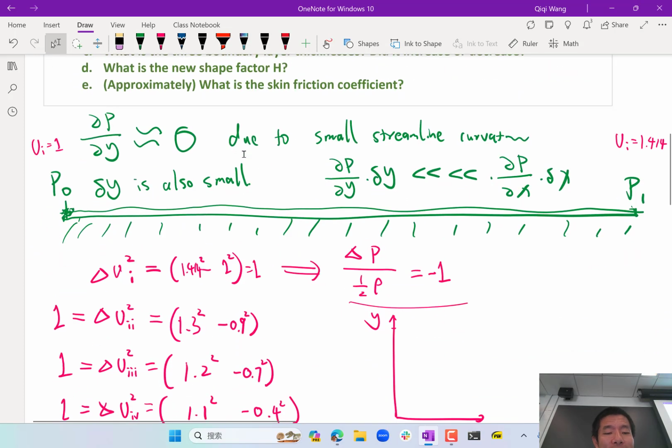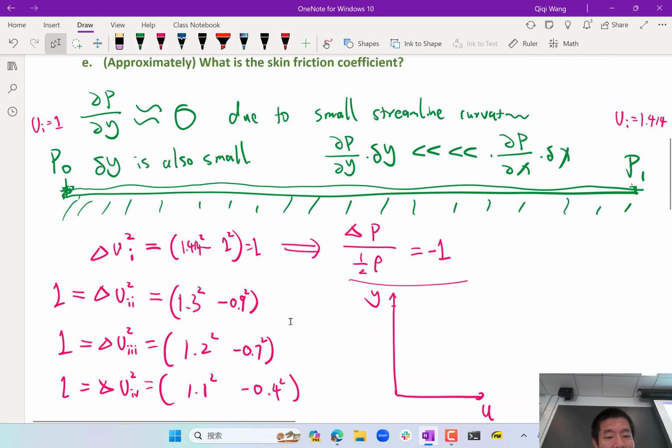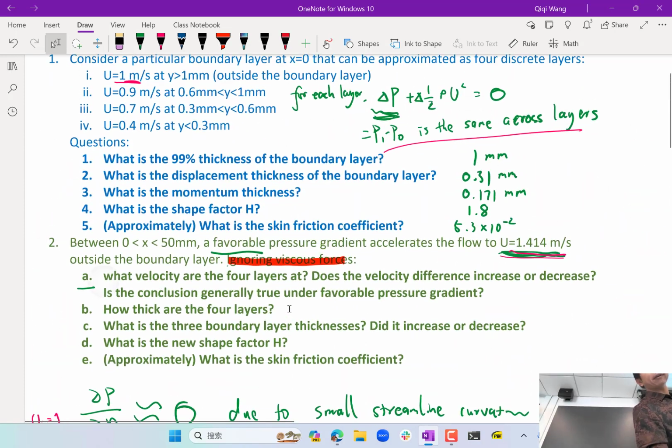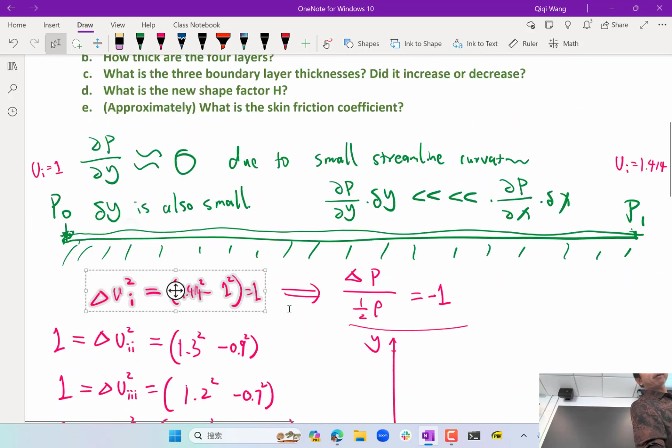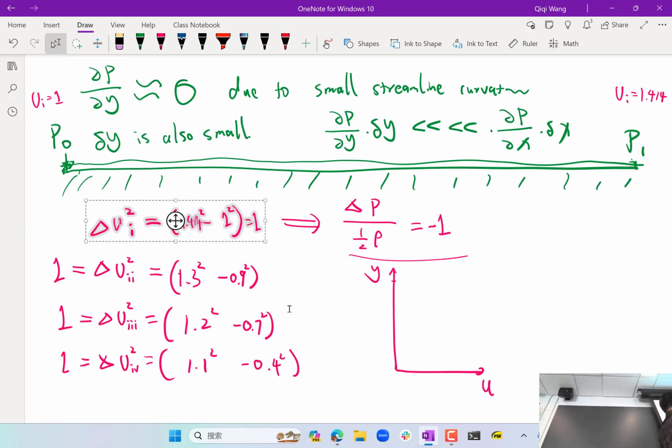The four different layers have evolved from velocities of 0.4, 0.7, 0.9 into velocities of 1.1, 1.2, 1.3, 1.4. Are they still as thick as before, 0.3 millimeters, 0.3 millimeters, and 0.4 millimeters? Or has their thickness decreased or increased?